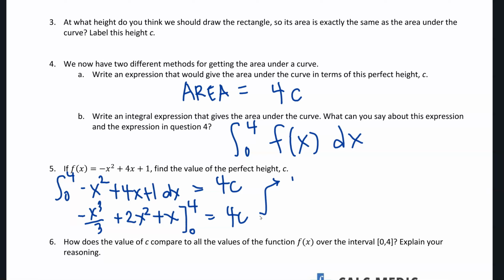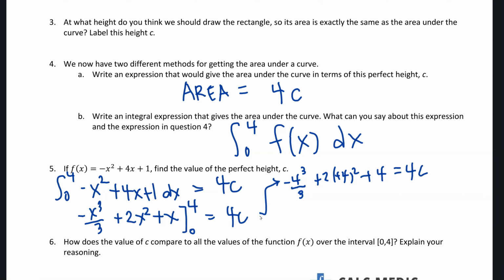Okay, so this will be what? Negative 4 cubed over 3 plus 2 times 4 squared. Oops, no negative, sorry. Plus a 4. That is going to be equal to 4c.